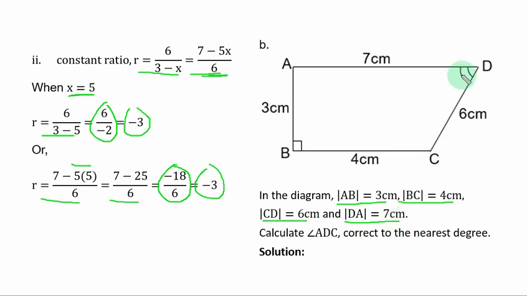This is angle ADC. Because the figure is a trapezoid, we need to join this side together, so that once you get AC, considering triangle ABC, you can get angle D by cosine rule. Let us see to that.